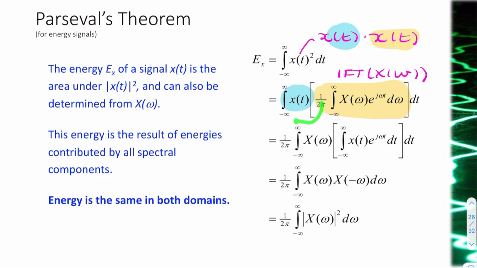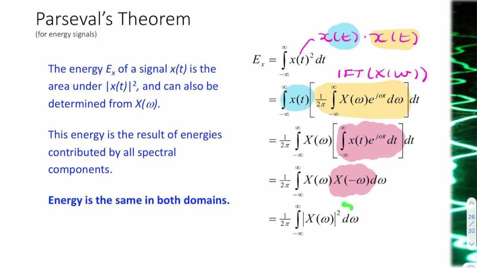So if you take the constant out and you rearrange the order of your integrations, if you bring this next to that, that gives you something that looks very much like a Fourier transform.